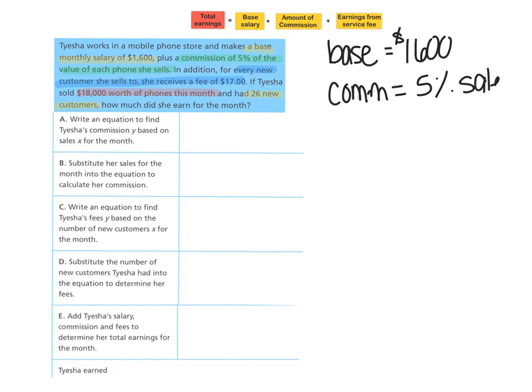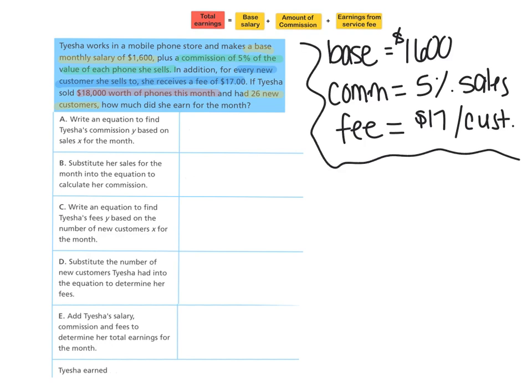So I'm just going to say 5% of the sales. And then she also gets a fee for every new customer, and that is $17 per new customer. And I'm just going to kind of box that up over to the side because I like to see it off like that so I know what I'm working with here.